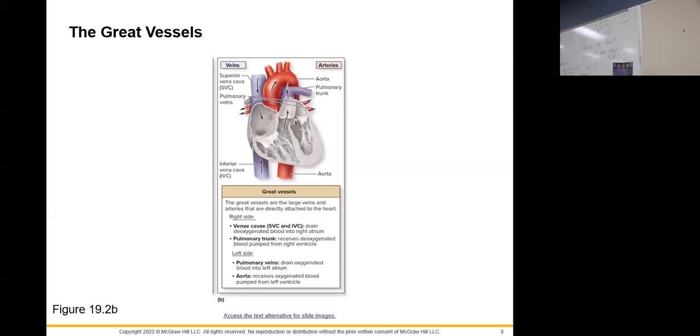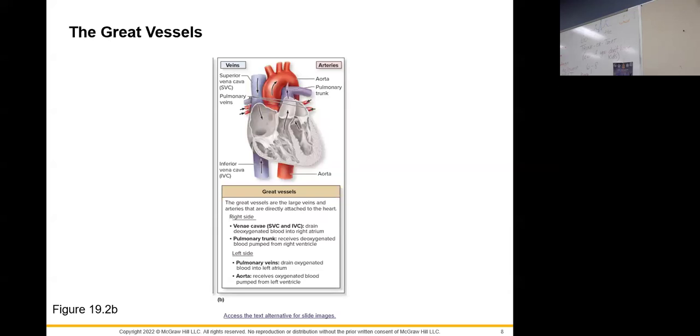Then we pump out through the pulmonary trunk. Then we pump back in via our pulmonary veins, down through our left atrioventricular valve, and then out through the aorta to the body.